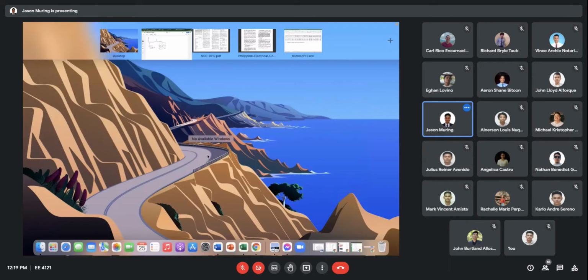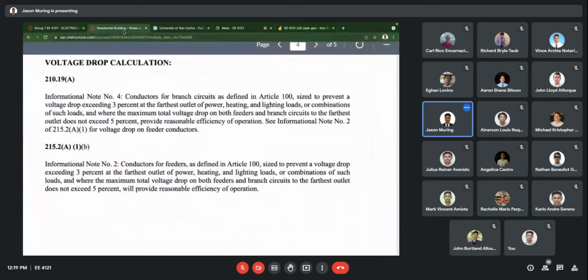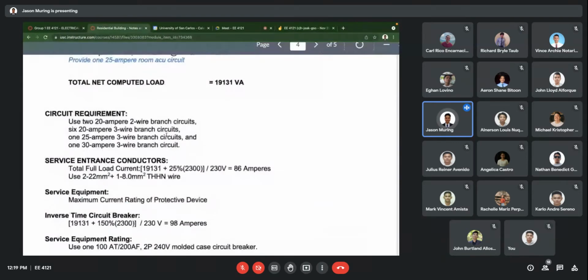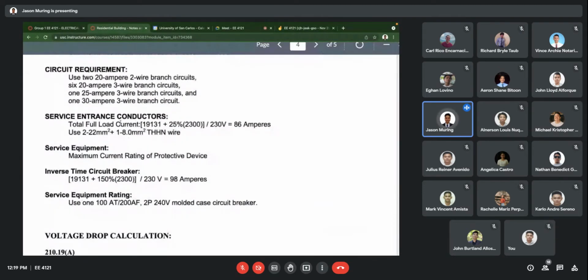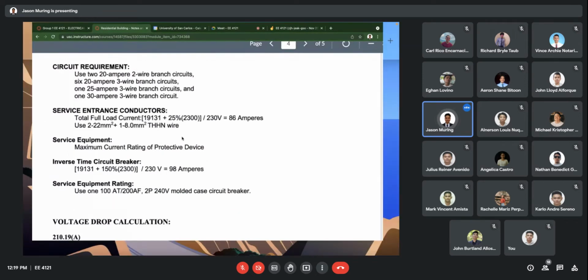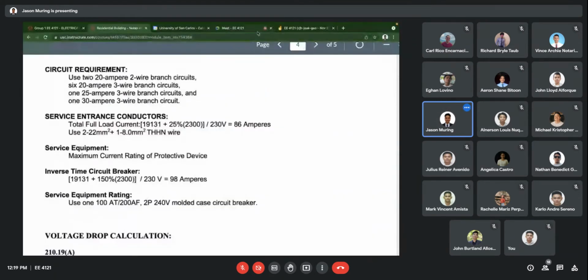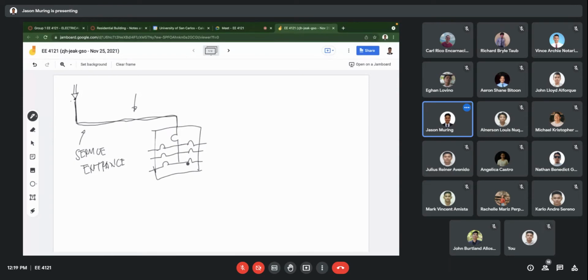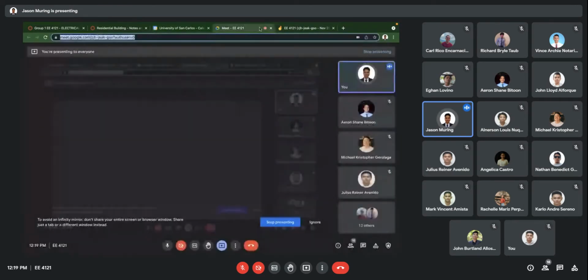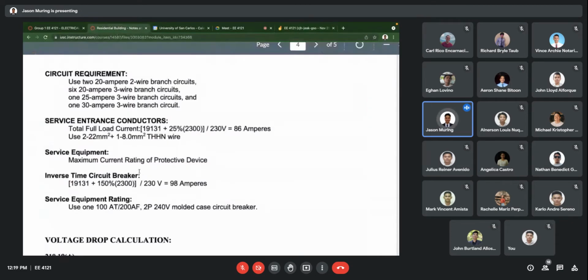So the service entrance is here, but this will also serve as the feeder for this panel board alone. And also we are going to use this current.